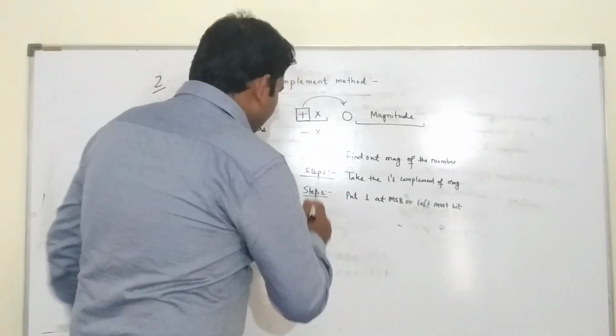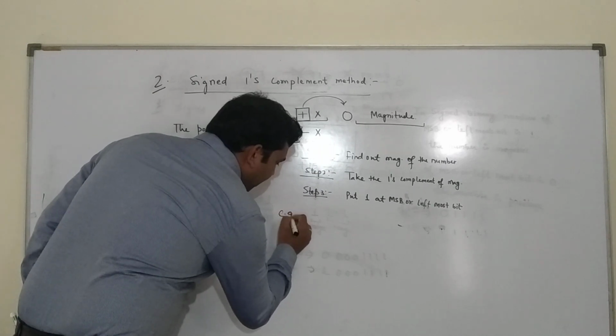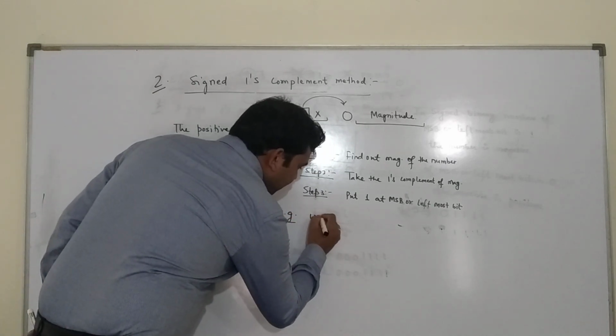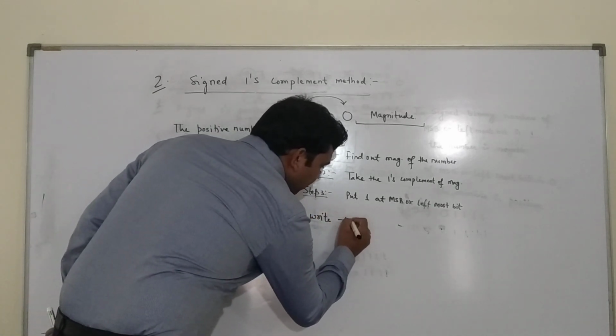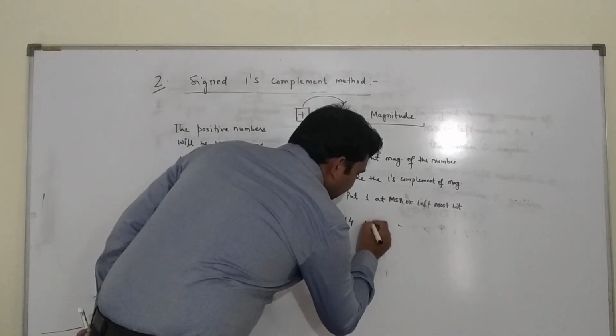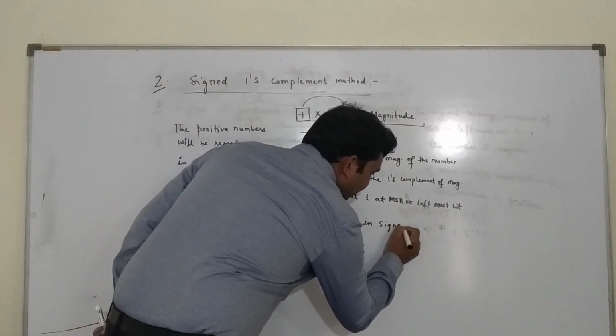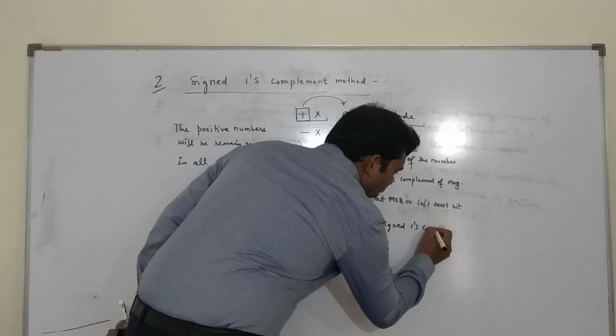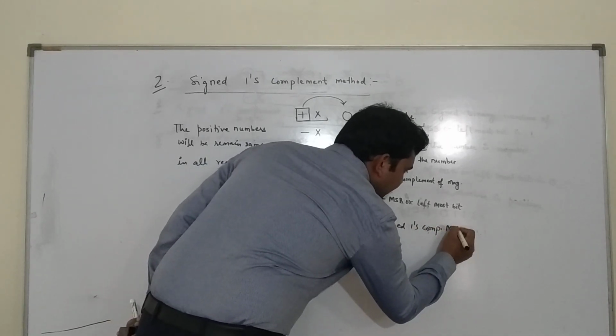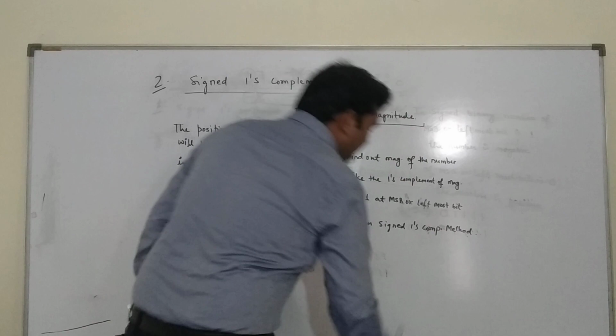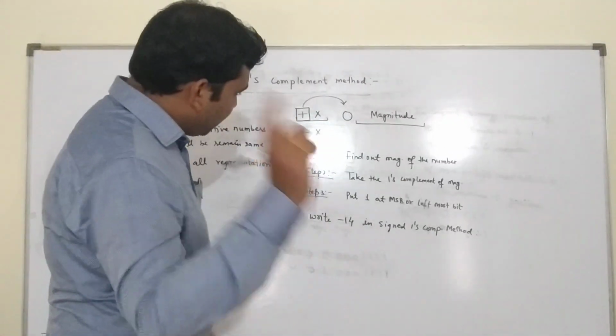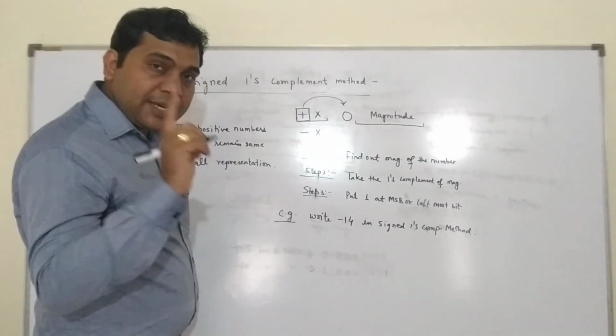For example, write -14 in signed ones complement method. How to write it? Step number 1, find out the magnitude of the number.